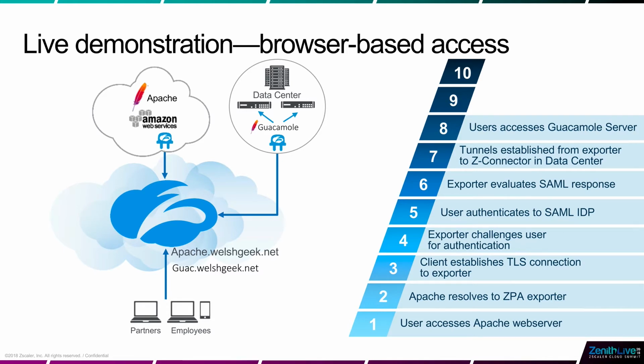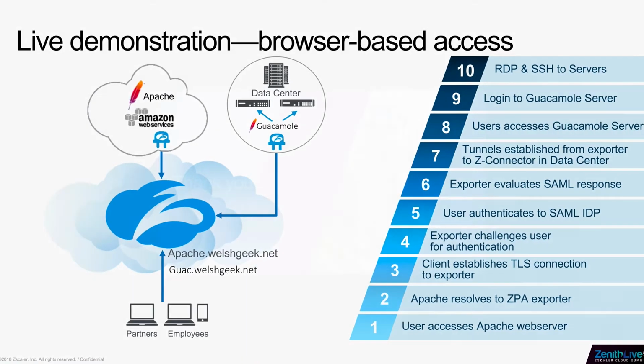Obviously, this isn't a service that's offered by Zscaler, but what I'm demonstrating here is that the Guacamole server can be a standard HTTP, HTTPS, HTML5 application that's going to give me a couple of functions to other servers in my data center. So what I'll do then is I'll log into the Guacamole server, and I'll use the Guacamole server to give me SSH and RDP access to servers in the data center.